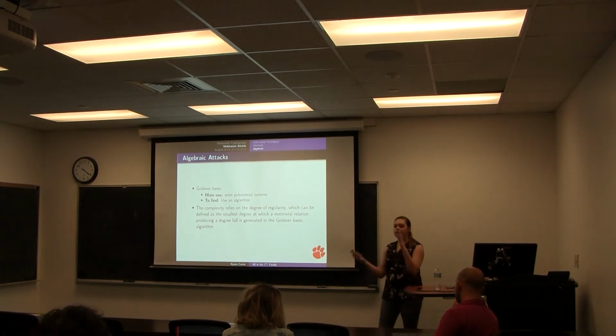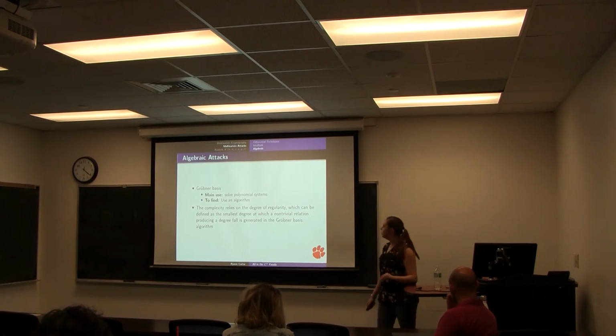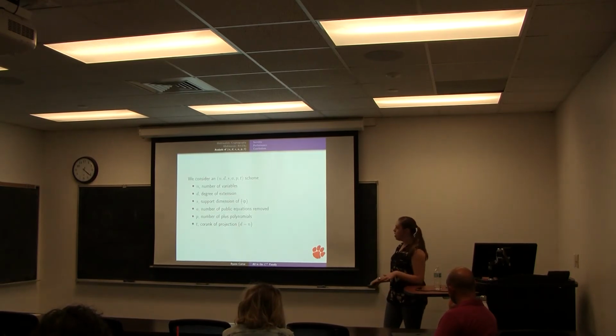The takeaway here is that in order to show it would be difficult to break a scheme directly, we want to find what the degree of regularity is. All right, so those are the attacks that we want to be secure against, or at least we want to show if there are weaknesses.